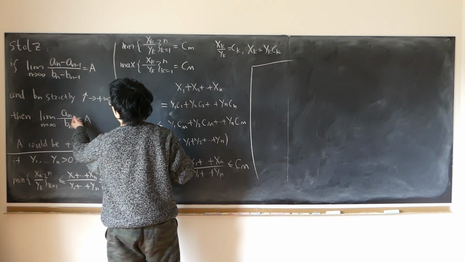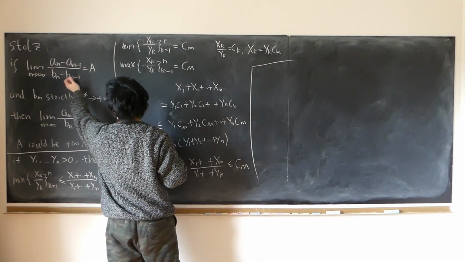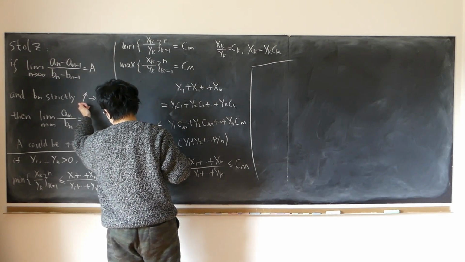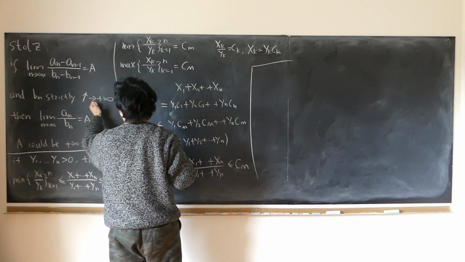If we want to work out this limit, let's see if this limit exists, given that bn is strictly monotonically increasing.